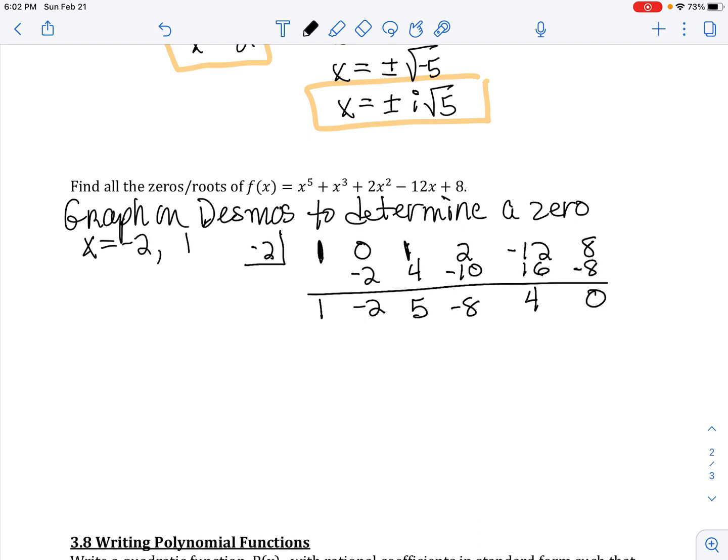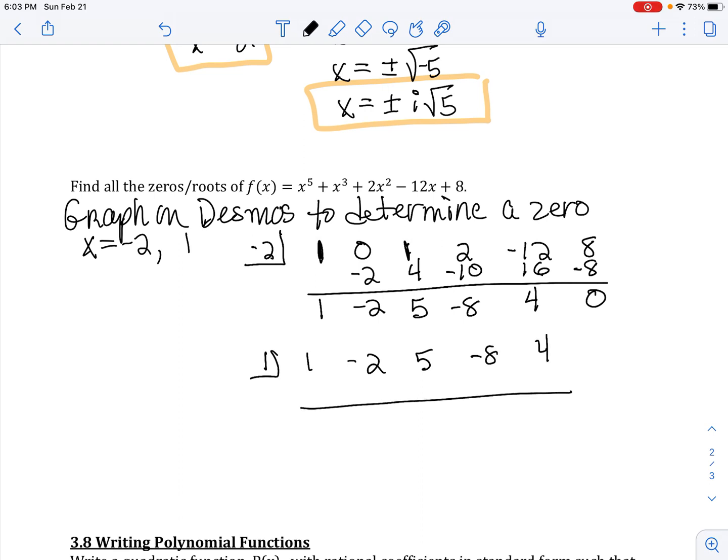And again, as you work through synthetic division, you have to get a 0 at the end. The remainder is 0 because -2 is a 0. All right? Now, I do it again with the next 0. So I put 1 in the house, and I use 1, -2, 5, -8, and 4.